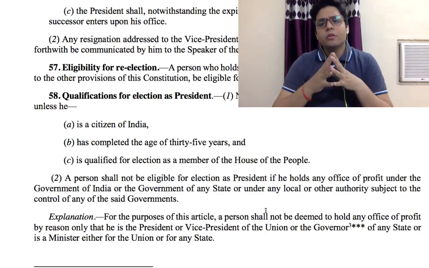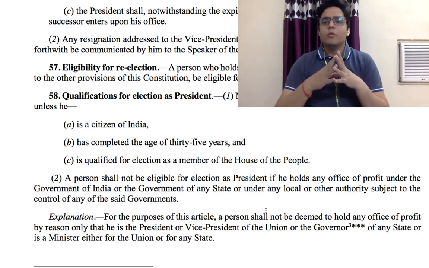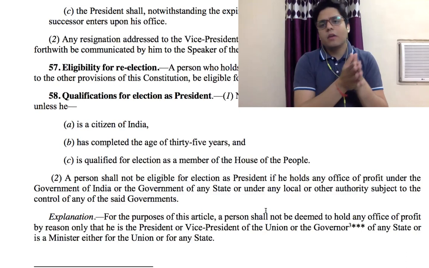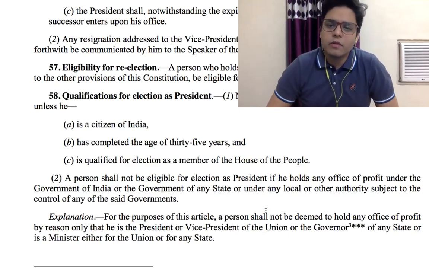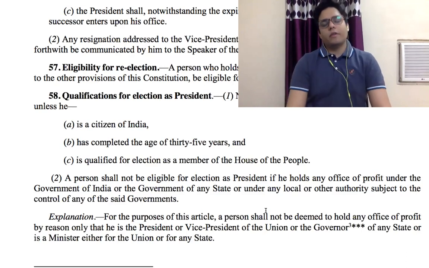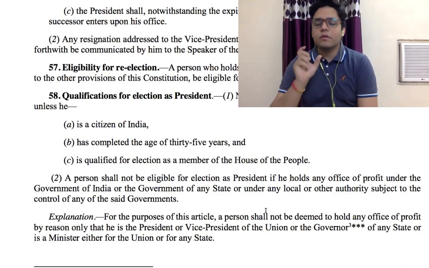These benefits were considered part of her emoluments, so the post she was holding fell within the category of office of profit. There are many cases and interpretations of this term.